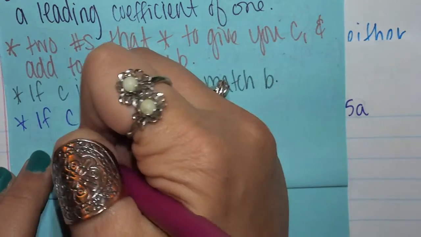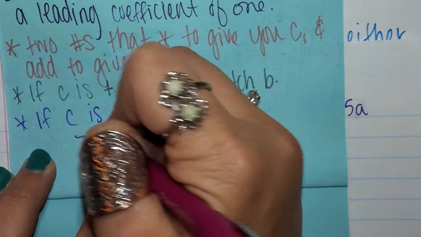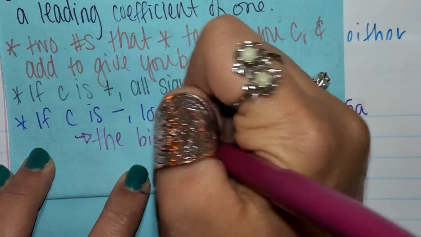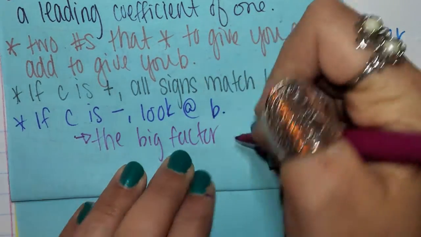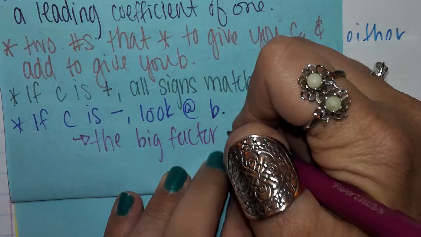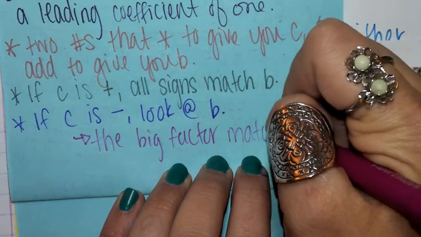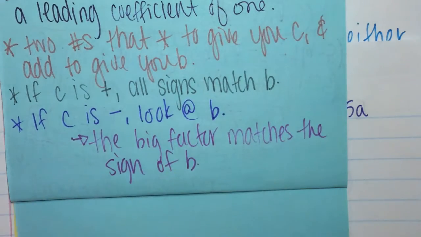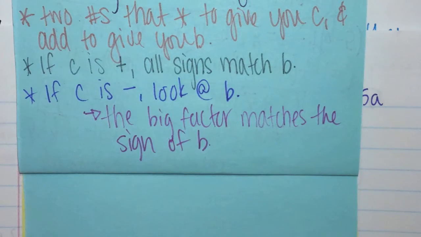Okay, I love it. So the big factor matches the sign of B. Andrew, you get a point as well because you were trying to say that. Does everybody understand?